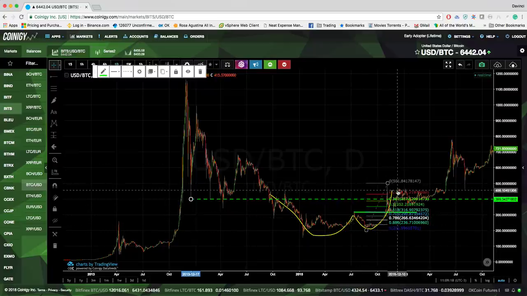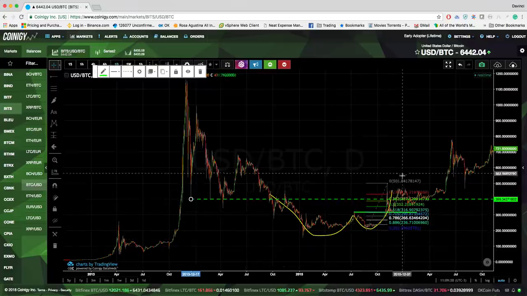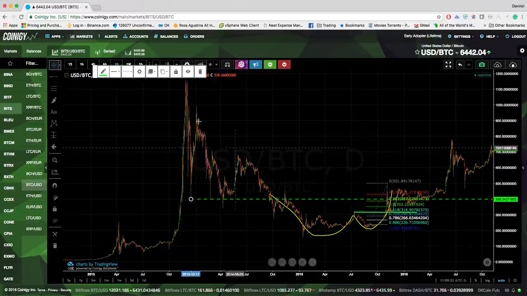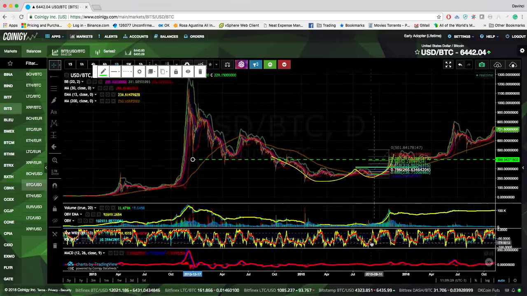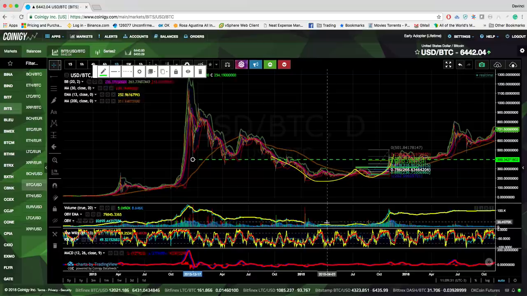Once you have the market structure, price starts to produce a higher high, and you see other indicators saying, hey, this is turning, right? These indicators showed that this was definitely turning, like if volume was going up instead of going down, right?